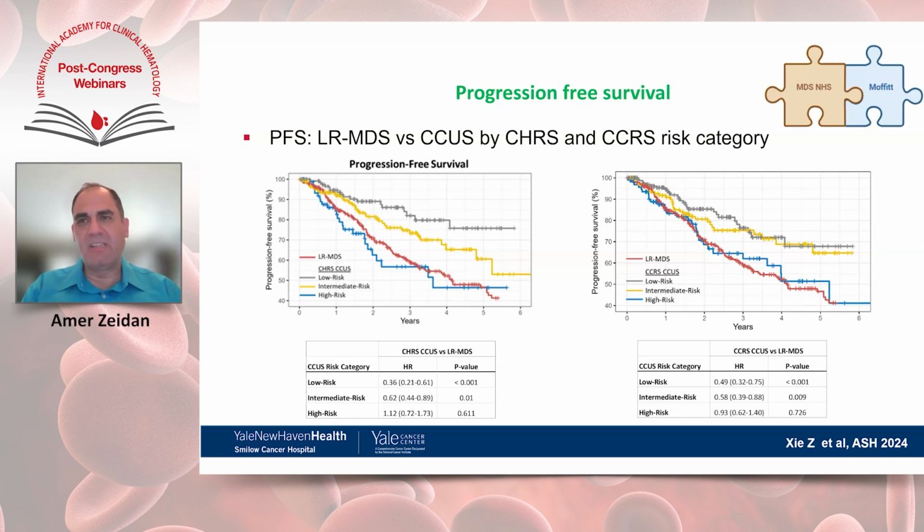And again, that's suggesting that the natural history and the prognosis of those patients significantly overlap, which again could open the therapeutic opportunity of treating those patients the same way you use low-risk MDS treatments rather than having to do separate phase 3 studies on those patients.